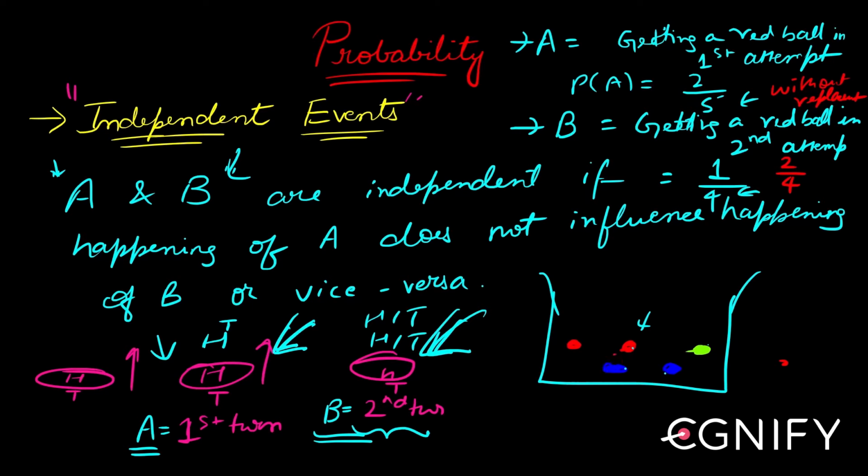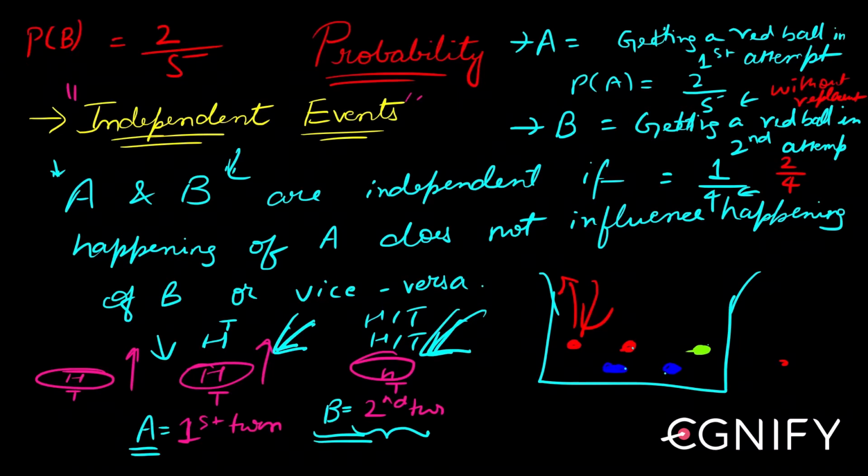But on the other hand, in my first attempt, if I got a red ball but I kept that red ball back in the bag, then what is the probability of getting a red ball in the second attempt? It still remains the same. You have 2 favorable cases divided by the total number of cases, which is 5.